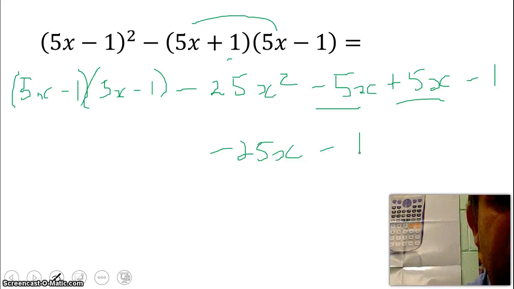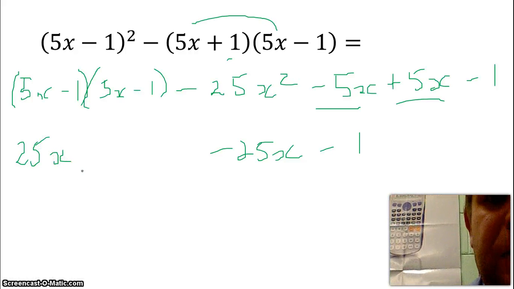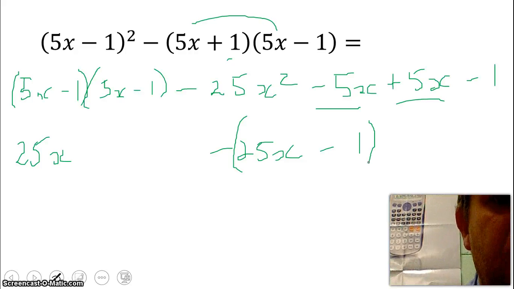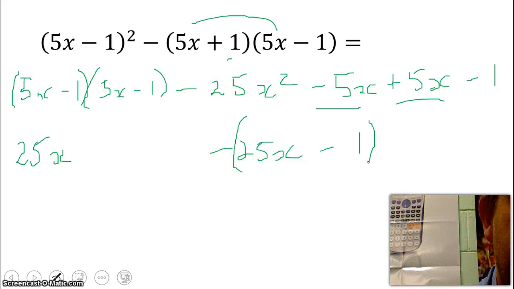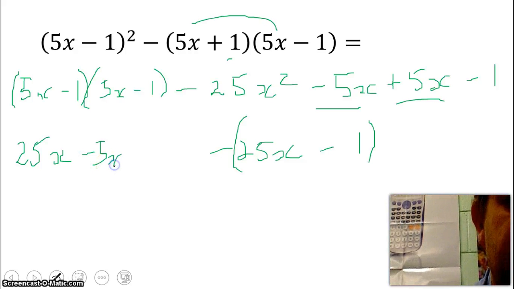We'll do the expansion on this section. 5x times 5x is 25x squared. 5x times minus 1 is minus 5x. Minus 1 times 5x is minus 5x.